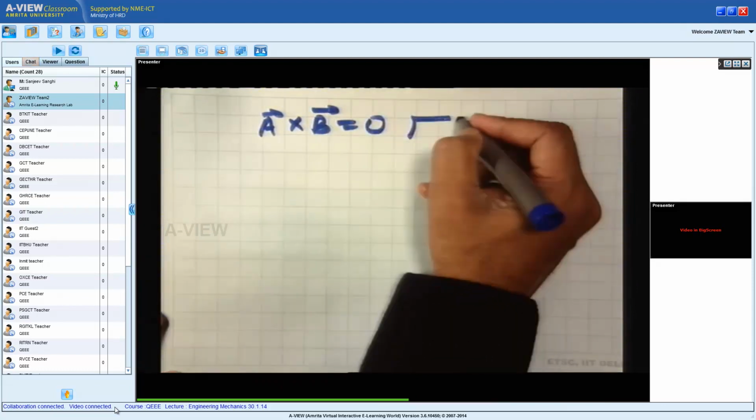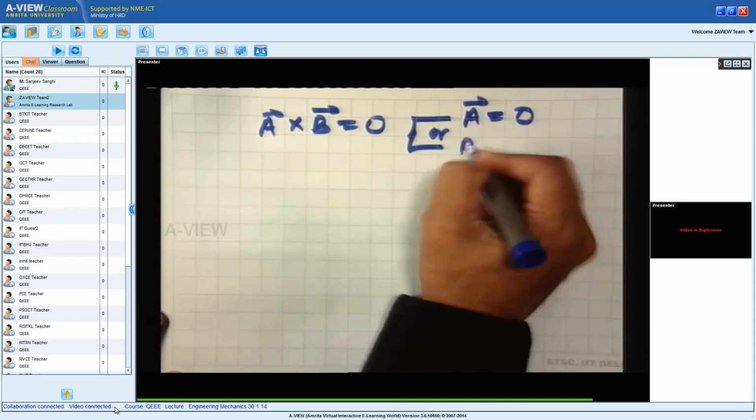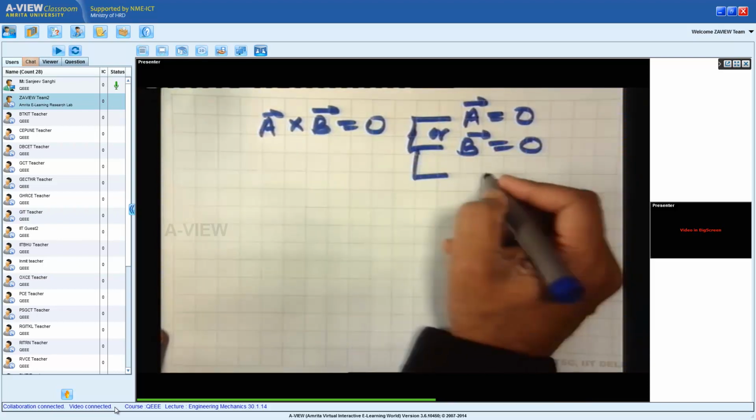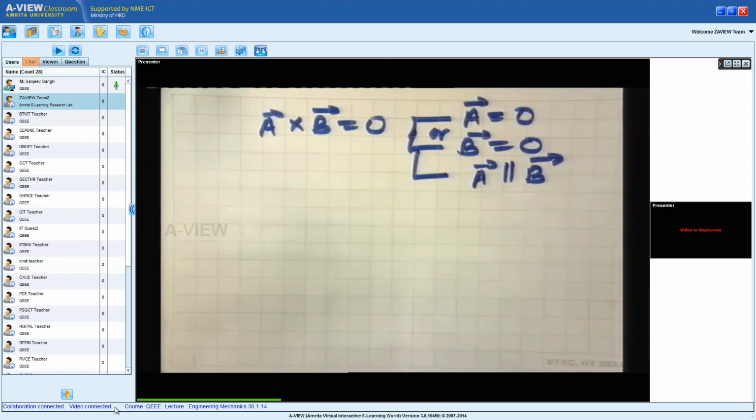then again we'll have three things. Either A is equal to 0, or B is equal to 0, or A is parallel to B. It is one of these three things. Okay.